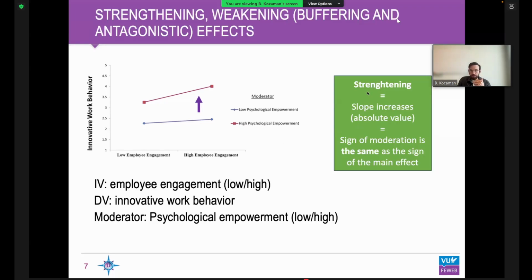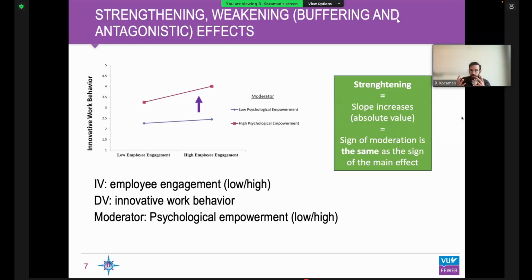This is exactly what we talked about when we talked about strengthening effects, right? So here in both of the cases, the slope increases, so we talk about a positive effect. You can think of this in terms of absolute value as well.